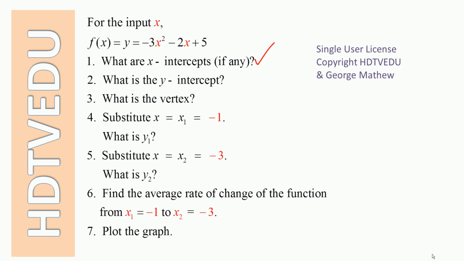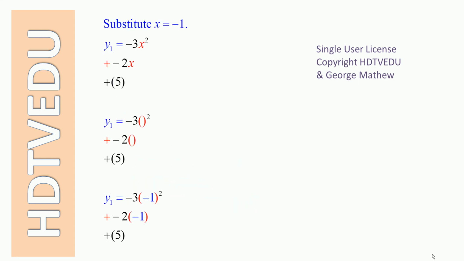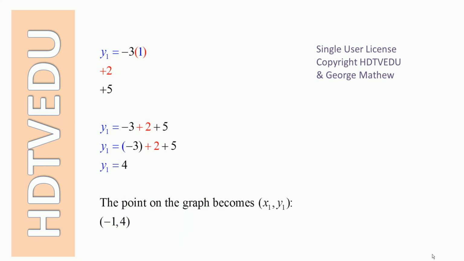X-intercepts, done. Y-intercept, done. Vertex, done. Next is, can you substitute x equals negative 1 into this equation? So again, here is our starting function. In the space occupied by x, we substitute negative 1 and solve for y1.